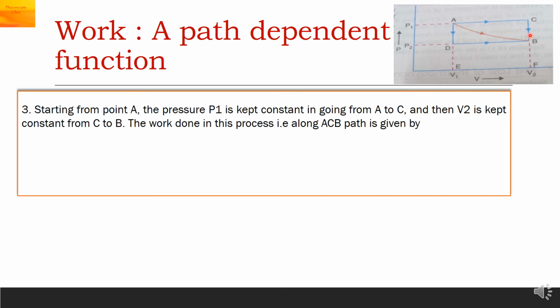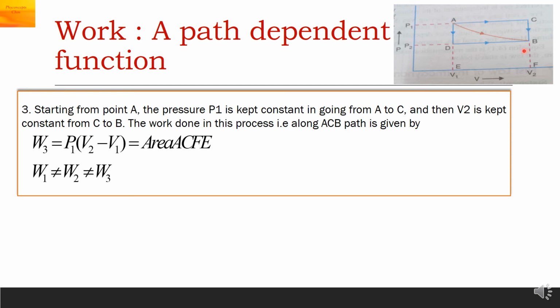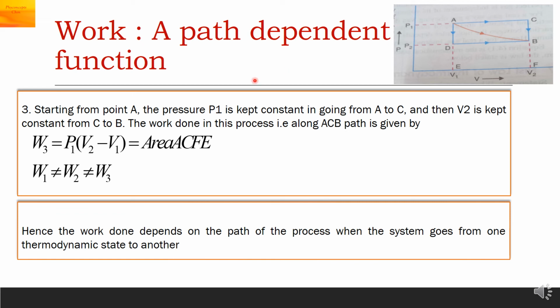So we will write down the work done in this process for this path ACB as W3, which is equal to P1 into V2 minus V1. And the area under the curve we'll write down as ACFE.